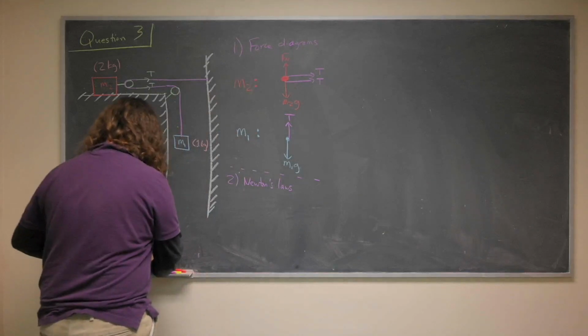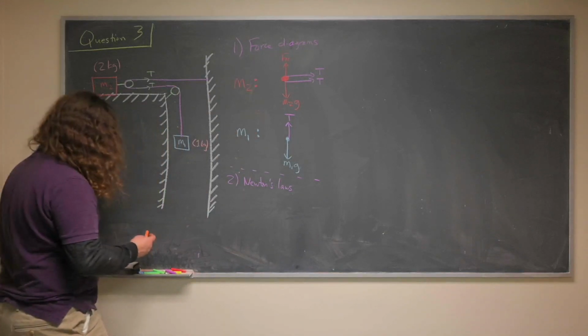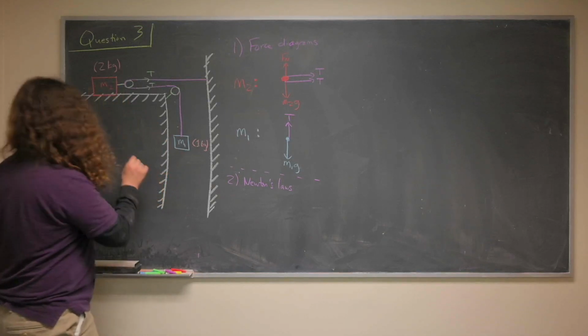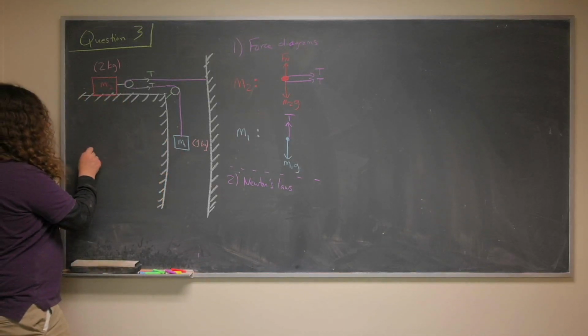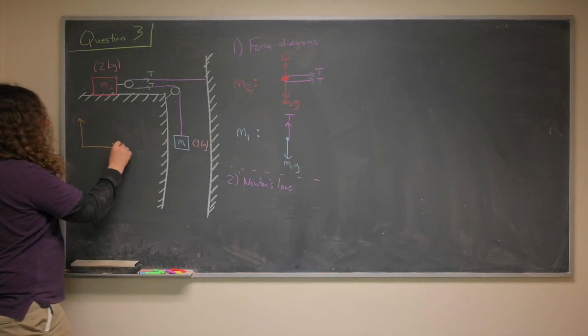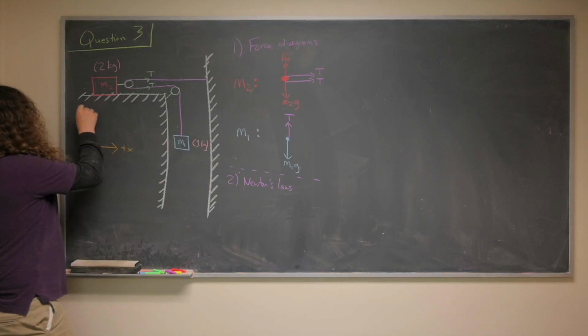To do this, I need a coordinate system. And you can pick anything, right? But for illustration, I'm going to pick the conventional coordinate system again, where this is plus x, and that's plus y.